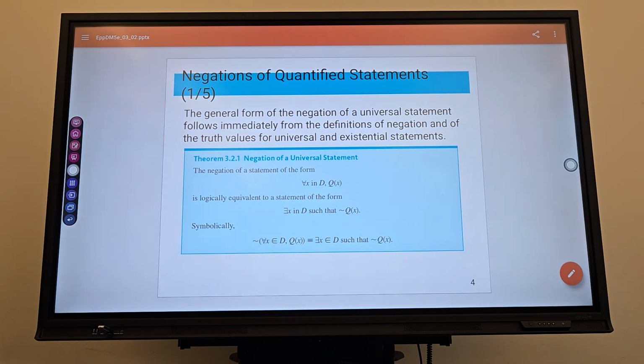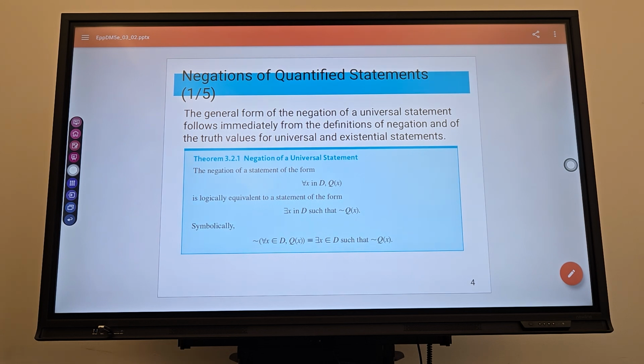The negation of the form "for all x in D, Q of x" is logically equivalent to the statement of the form "there exists an x in D such that not Q of x" is true.